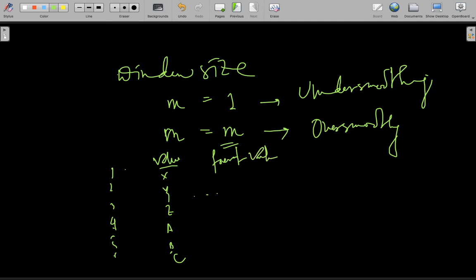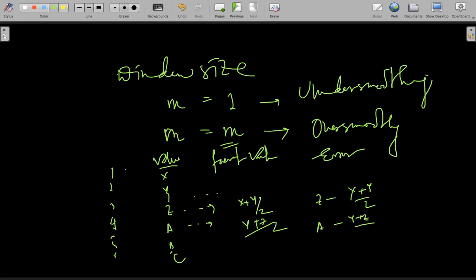So you will get corresponding to this (x + y)/2, then for this one you will get (y + z)/2, something like that, and you will get the error. So the error is basically z minus (x + y)/2, right? Here a minus (y + z)/2, and so on.